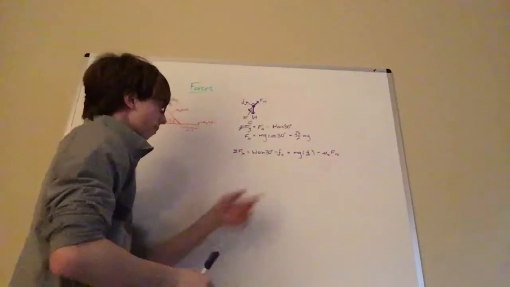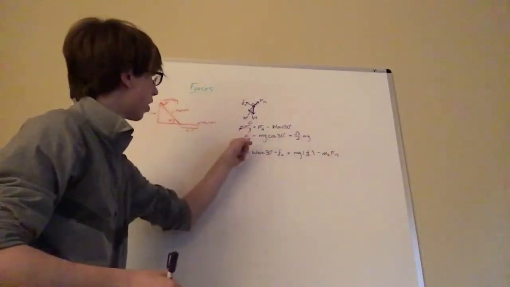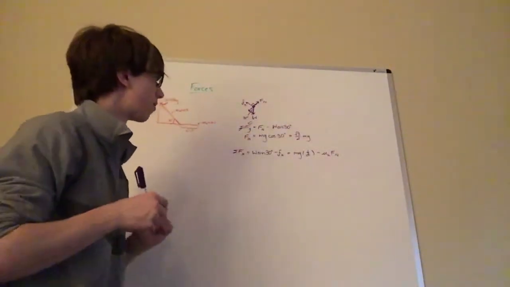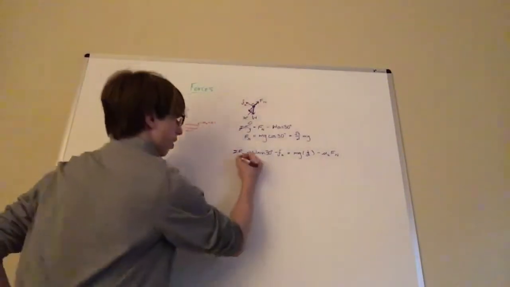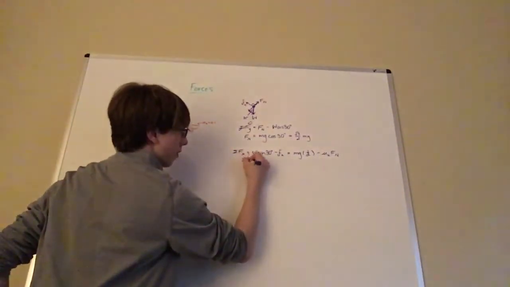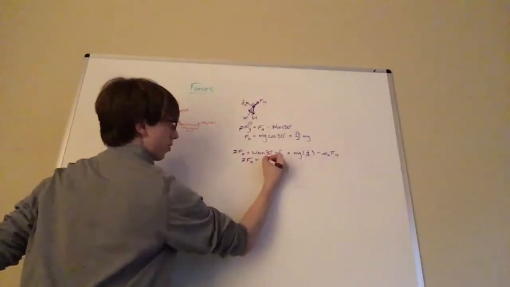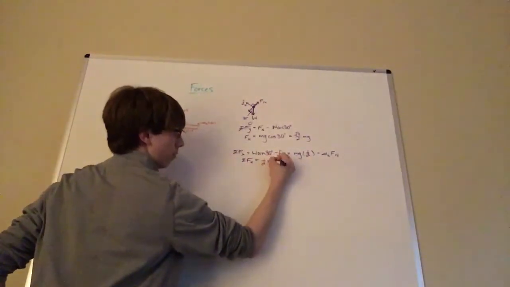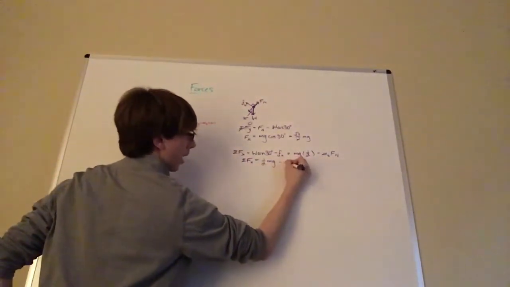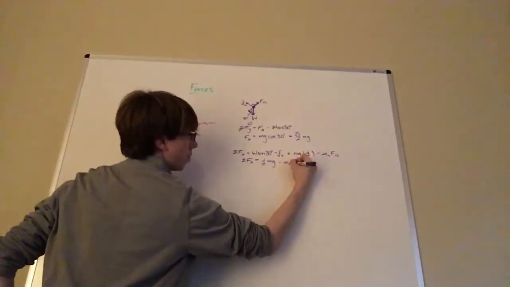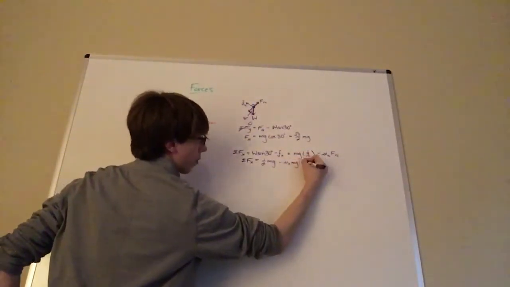So now we can just plug in our normal force, which is just radical 3 over 2 mg, and so now the sum of our x forces is equal to 1/2 mg minus mu k mg times the square root of 3 over 2.